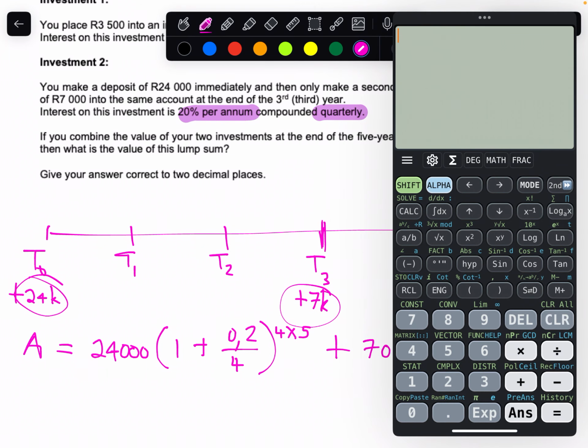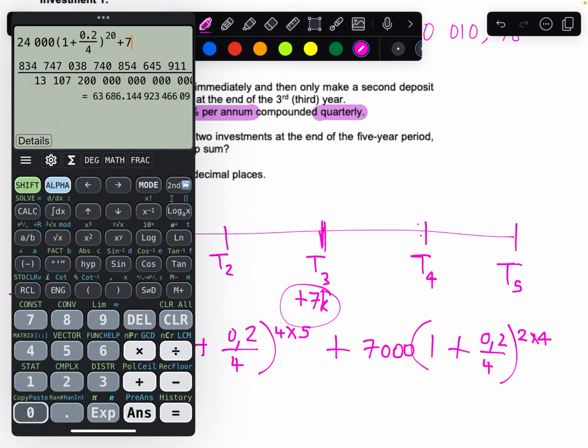This one isn't too hairy, so I'm just going to do it all in one go. 4 times 5, I know what that is. Then the second chunk of the investment. This is me desperately trying to move the calculator to the side.